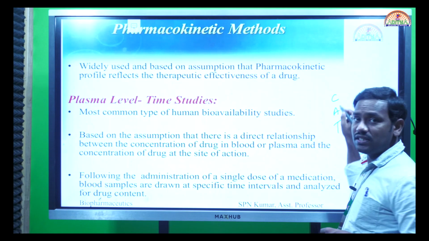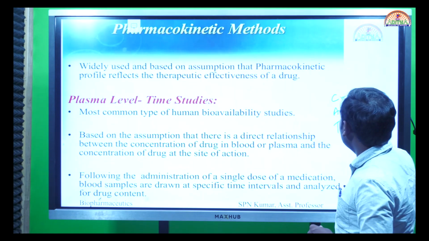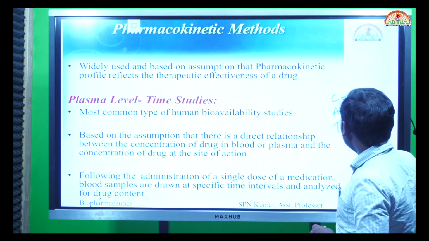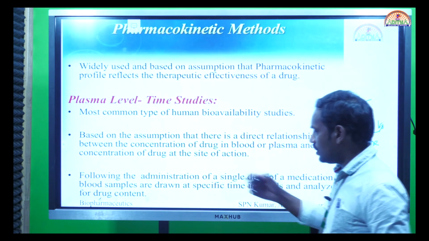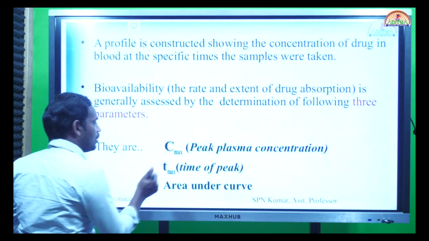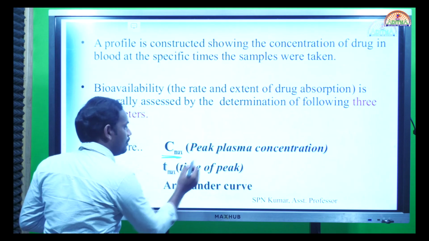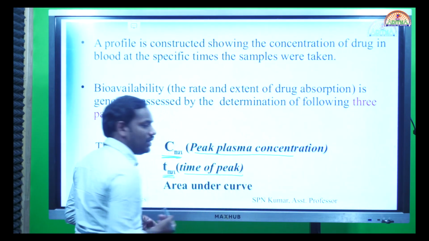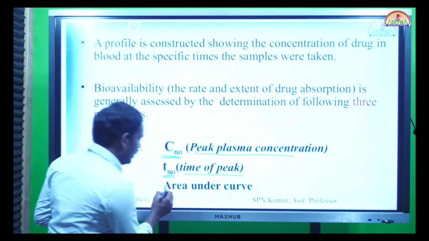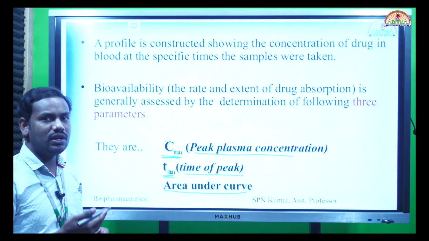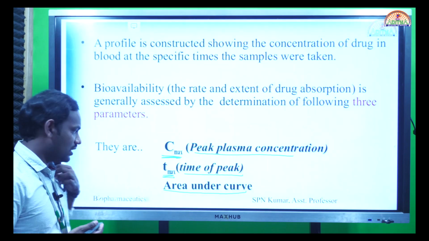Cmax, Tmax, that is concentration maximum, time at which maximum concentration occurs, and the amount of drug released. So remember CAT. That's what we will see in the next slide. Under plasma level time studies, we are going to see the Cmax, peak plasma concentration, Tmax, time at which peak plasma concentration occurs, and A is amount of drug or area under the curve, which will give you a direct measure of amount of drug in the plasma.